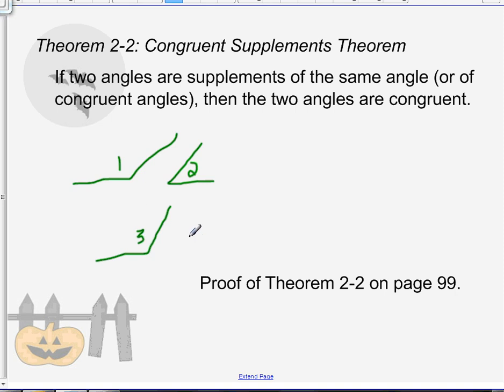Okay. Basically, what I know and what I'm going to say is given or true is that angle 1 and angle 2 are supplementary, so they equal 180 degrees.